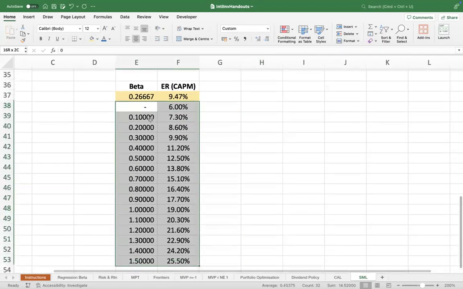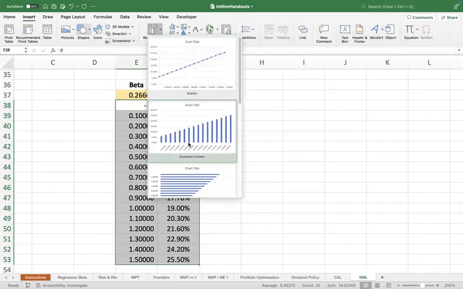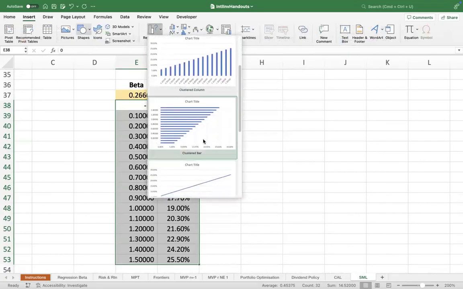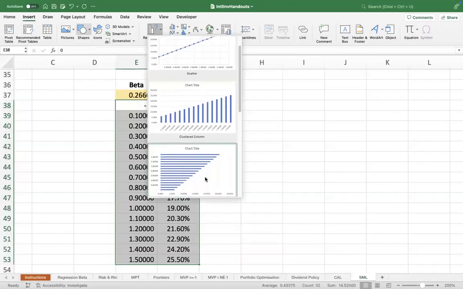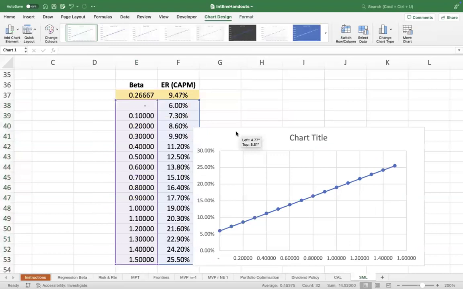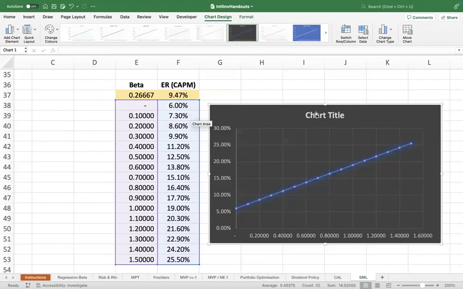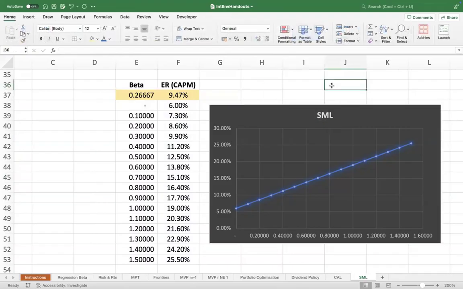If I want to draw a chart here, I can. So you will see on the x-axis the various levels of beta, and on the y-axis you see the returns, and this becomes your security market line.